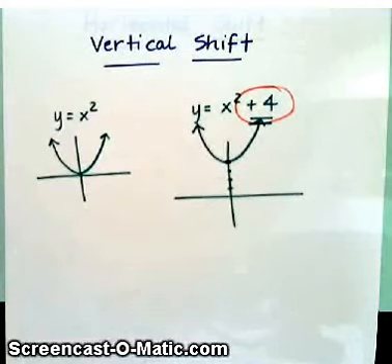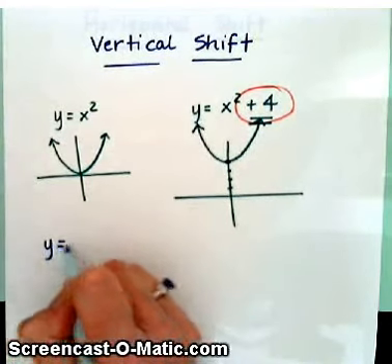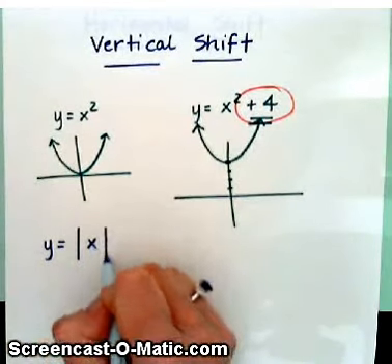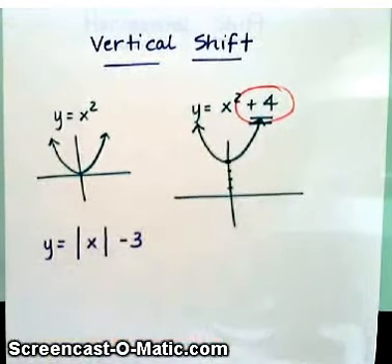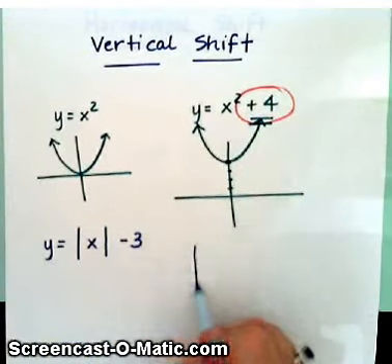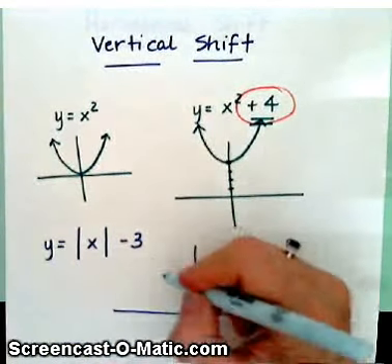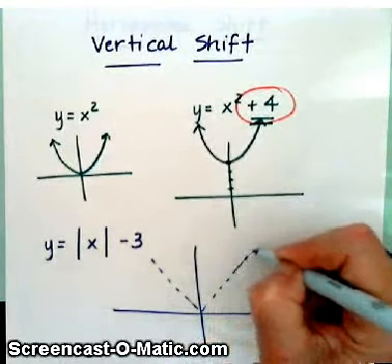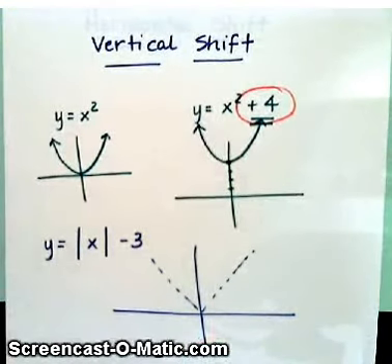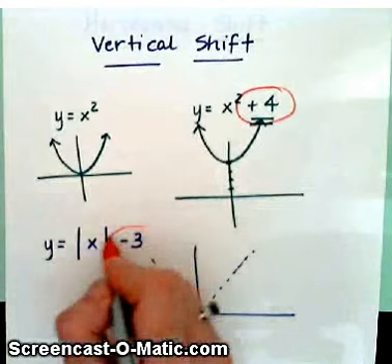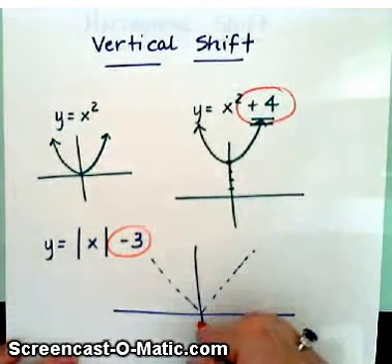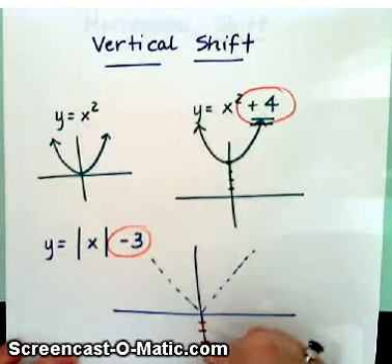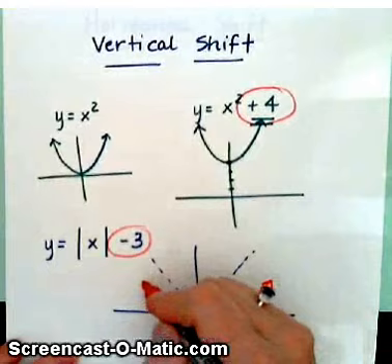So let's say we have y equals absolute value of x minus 3. Now, watch my paper. This is the normal absolute value graph. Remember, I drew it for you a minute ago. It's a V. So this one is shifted minus 3 or down 3. So we're just going to pick it up, move it down, and this is that graph.